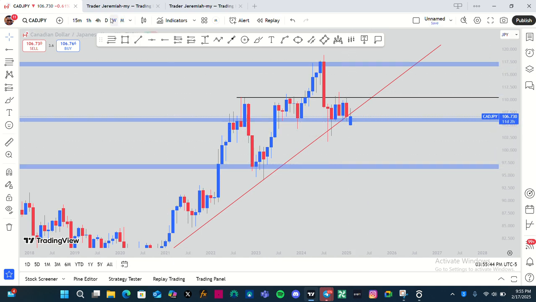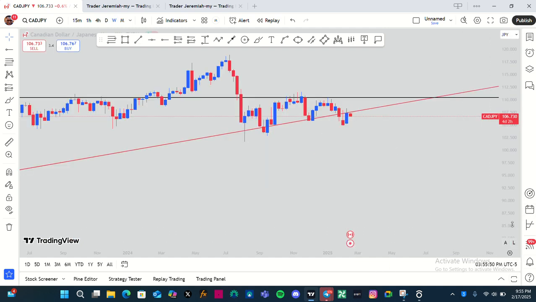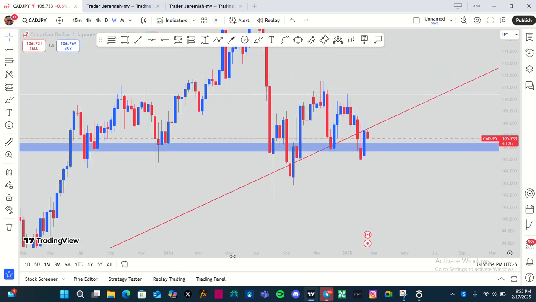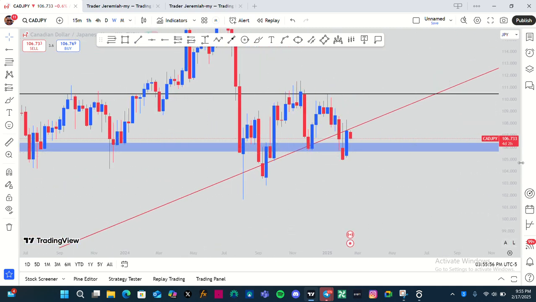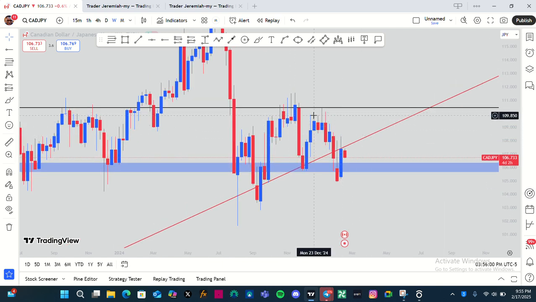So let me go down to the weekly time frame and see how price is reacting to the level. Okay, good. So at this region, this is what I call a double top. Price wanted to head lower but still came back up, still respecting this Fibonacci, this trend line, I mean.